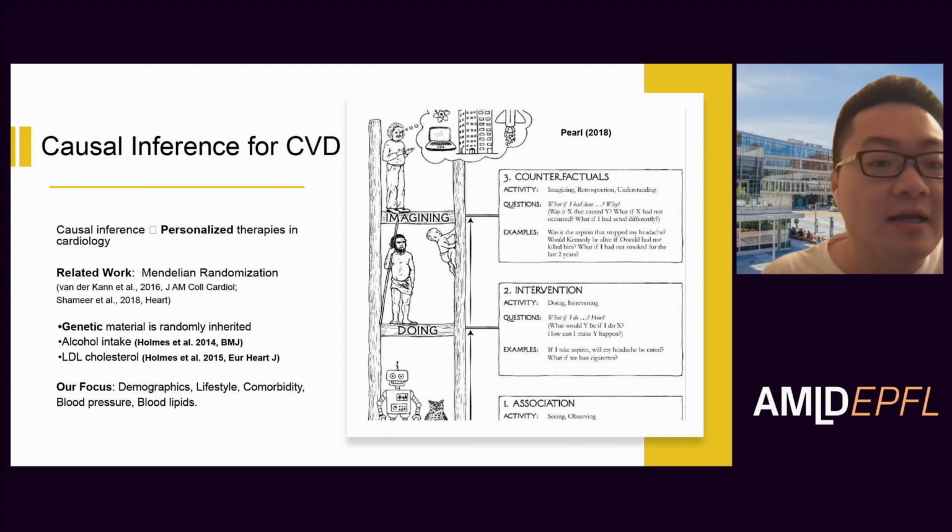Indeed, they find that alcohol intake is a big risk factor, and LDL cholesterol also causes CVD. Our focus takes a different approach. We want to focus on demographic and lifestyle risk factors for CVD, which cannot be inferred from the randomization in genetic information. Instead, we can only infer from observational data. So we will show how we can do that.